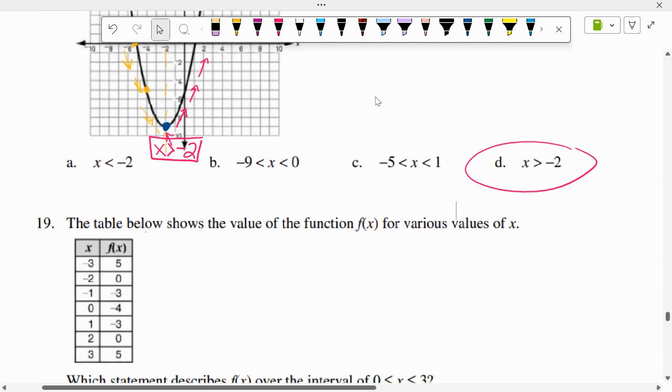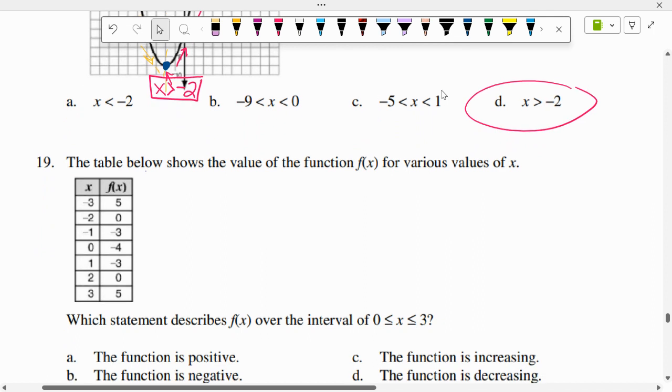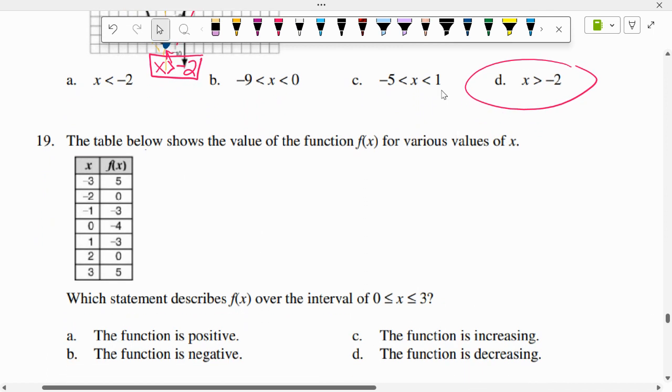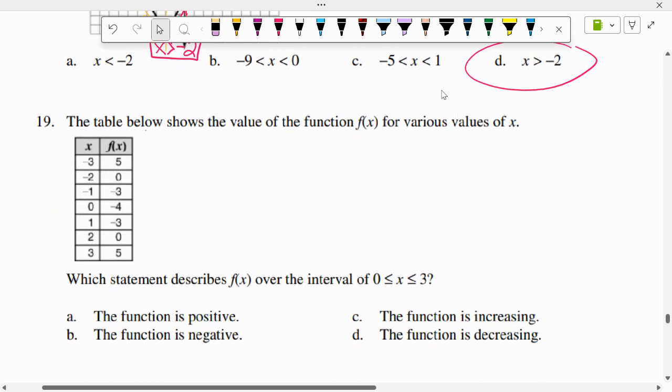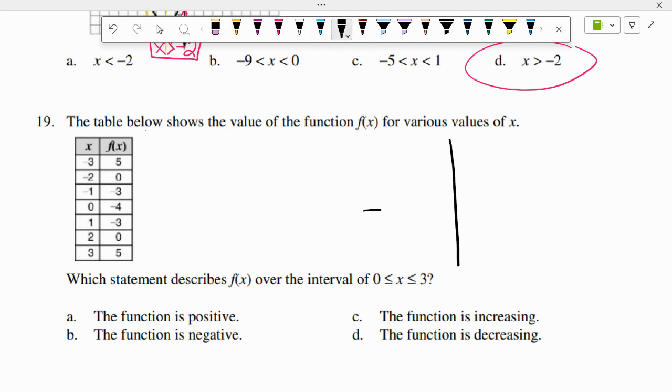All right, the table below shows the value of the function f of x for various values of x. Which statement describes f of x over the interval of 0 to 3? So let's just graph this because I think that'll help you guys. So we want to know what happens between 0 and 3. When x is 0, what is my output?